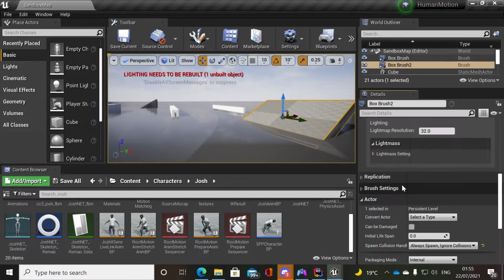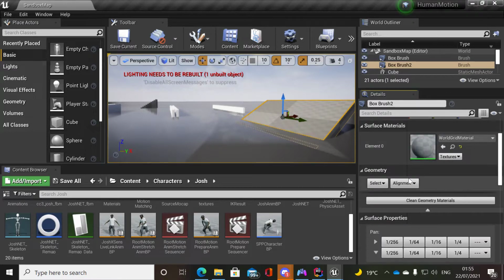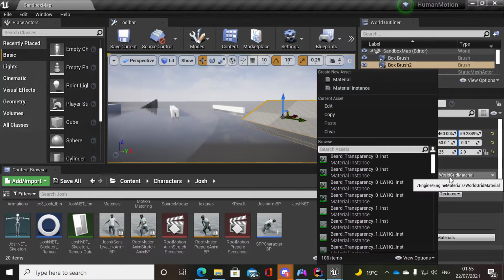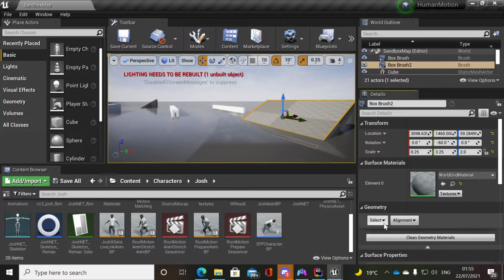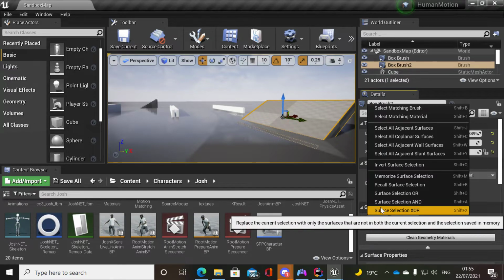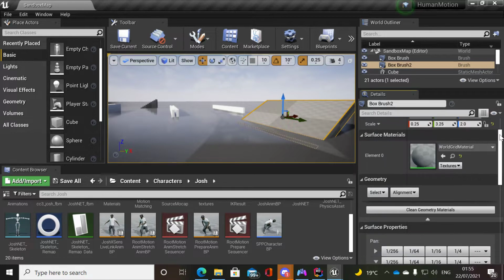Oh yeah, like this guy, the world geometry. This is the guy that needs to have the collision, right? I have no clue. Because this is just a brush, it's not a static mesh actor.